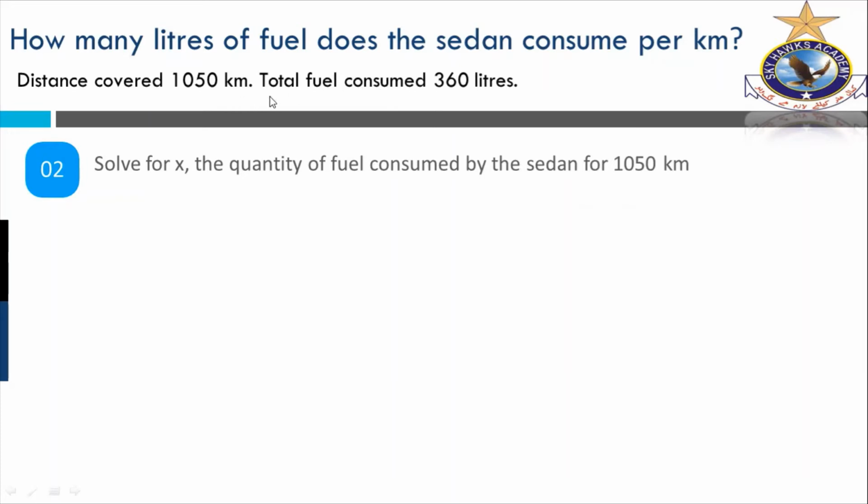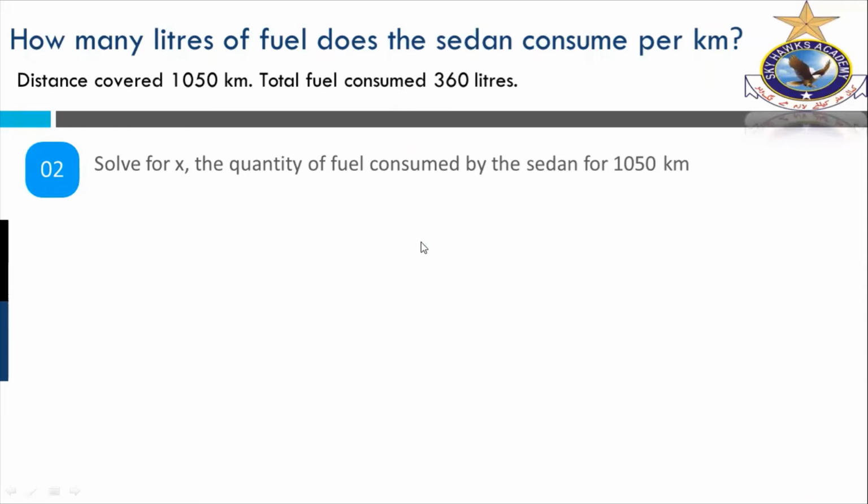The distance covered is this, the total fuel consumption is this, and keeping these two things in mind we are going to start the solution. So this is the second step: solve for x, the quantity of fuel consumed by the sedan for 1050 kilometers.